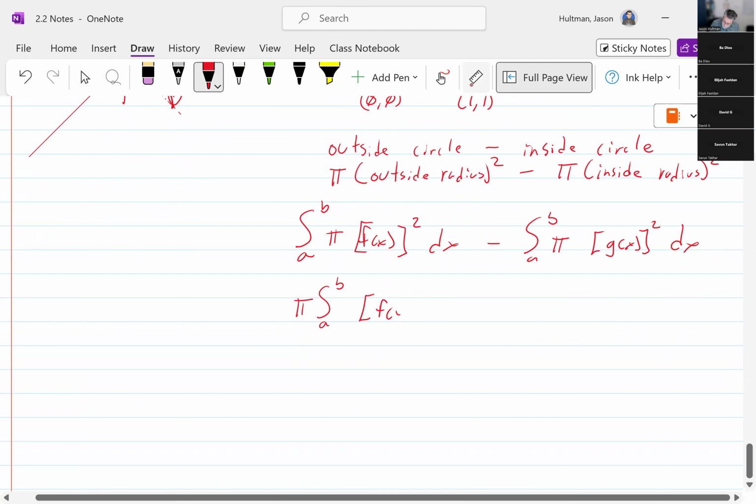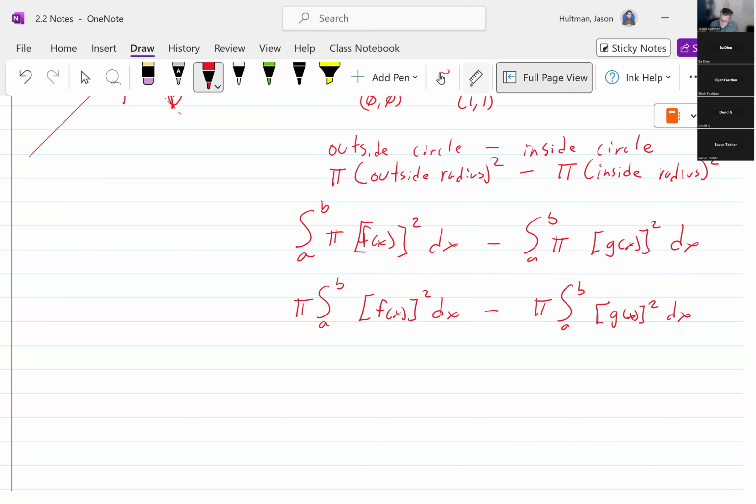This is pi times the integral from A to B of f of x squared dx, minus pi times the integral from A to B of g of x squared dx. Now I can factor out the pi and combine this into one integration.